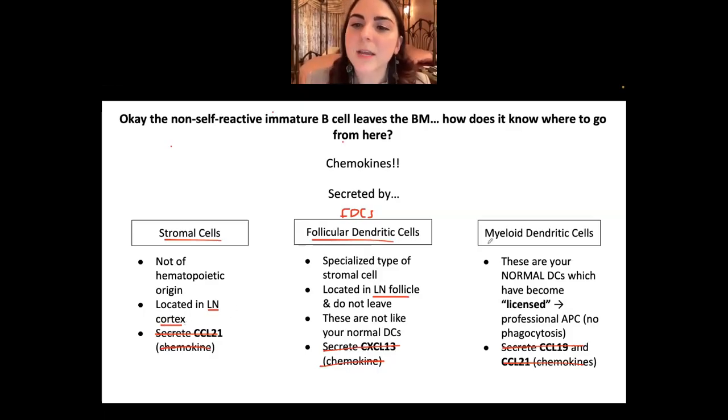Myeloid dendritic cells are a little bit different, but remember I talked about how dendritic cells are very good antigen presenting cells. So if they have antigen and they want to find a B cell, they're obviously going to secrete cytokines or chemokines, right? To try and get the B cell to go to it. So don't worry about these names. Again, I should have taken these off. Dr. Demarest had them on her sheet last year.